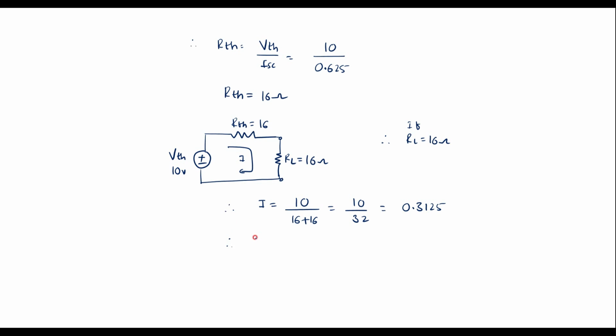Therefore we can find the maximum power, Pmax is equal to I square into 16, that is 0.3125 square into 16. Let me calculate this. It gives 1.5625 watts. This is the required result.